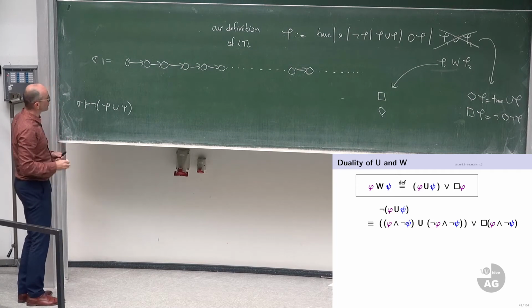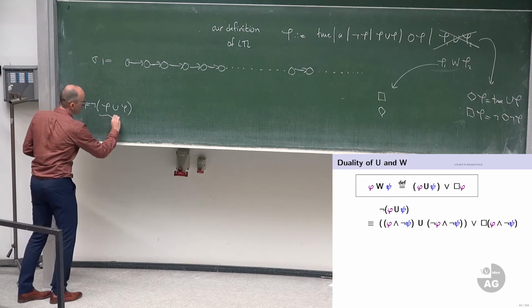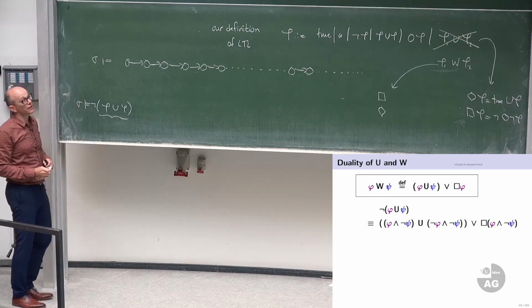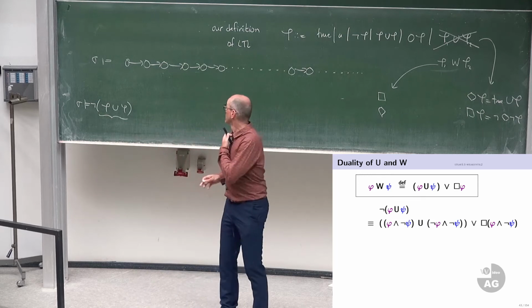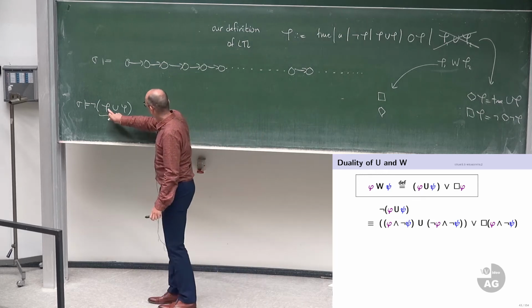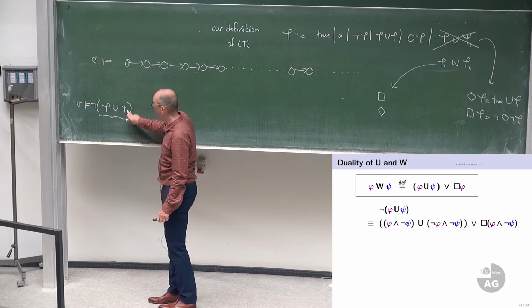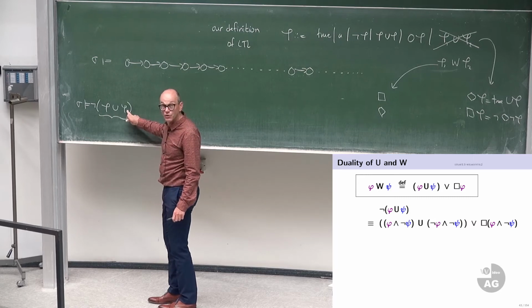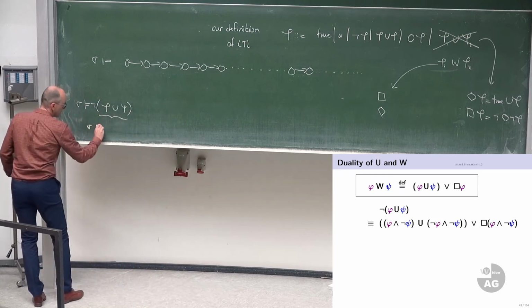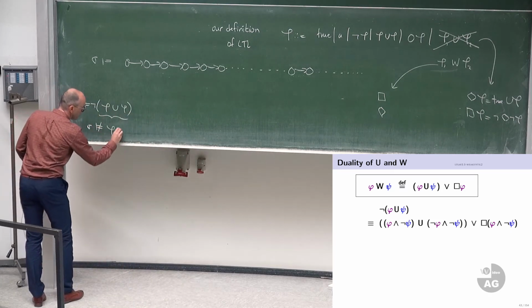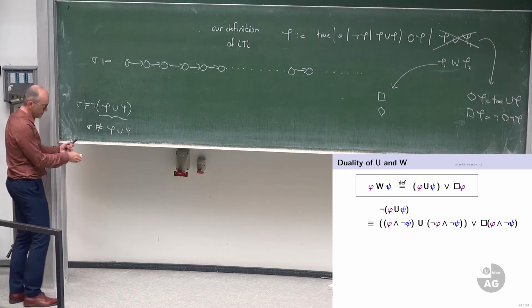So what could be the reasons that this infinite run does not satisfy this formula? Now there are actually two possibilities. What does this formula mean? It's the strong until, right? So you need to establish psi. So one possibility to not satisfy the formula, which is of course equivalent to sigma not satisfying phi until psi. How is that possible?